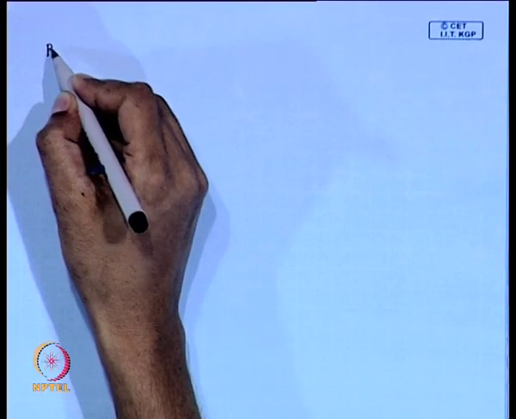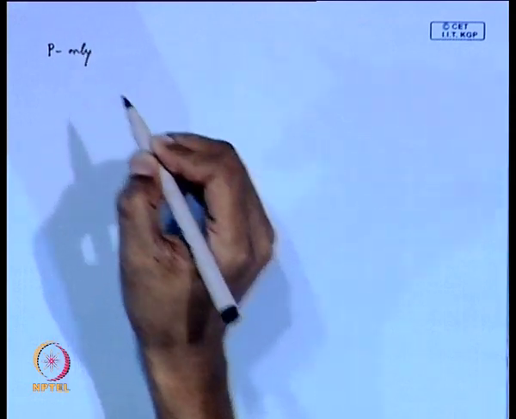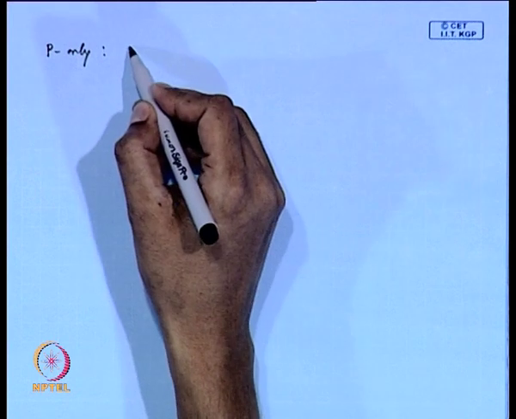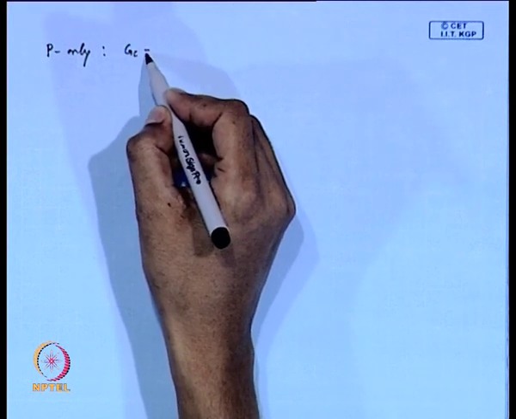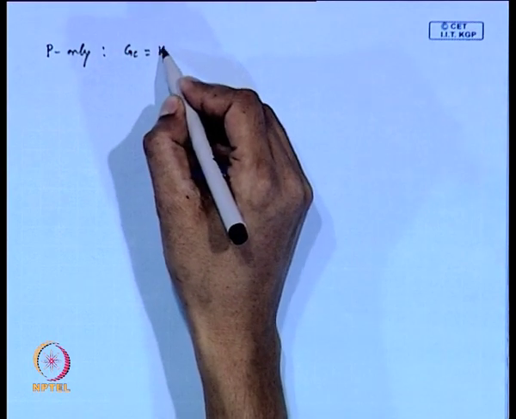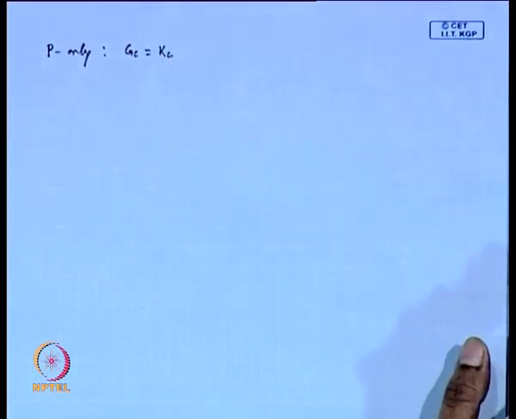We discussed different control schemes: proportional controller, proportional integral controller, and proportional integral derivative controllers. We discussed the P only controller having the transfer function G c equals K c.